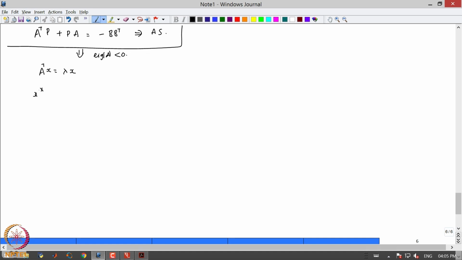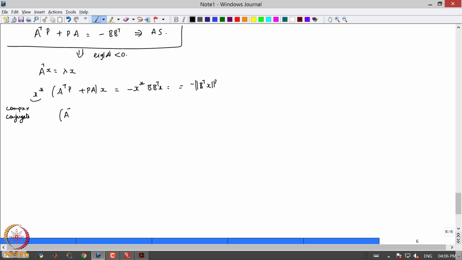The same tricks again: x star times (A transpose P plus P A) times x is minus x star B B transpose x, which is minus the norm of B transpose x, whole square. Again, star is the complex conjugate. Now, very similar tricks as we did earlier.